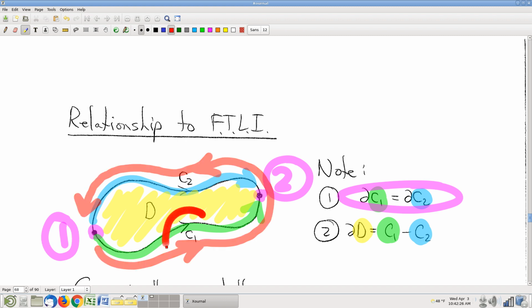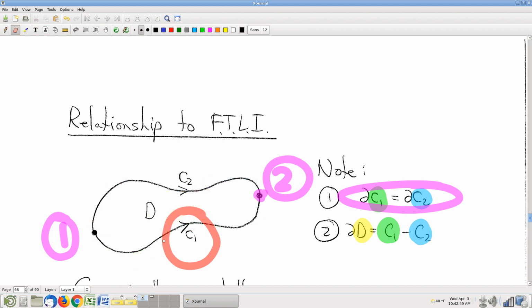And notice that means we're following C1 in the direction that C1 is going. And then we are following C2, but opposite the direction that C2 is going. Thus, the minus sign. Okay, so there's our setup.